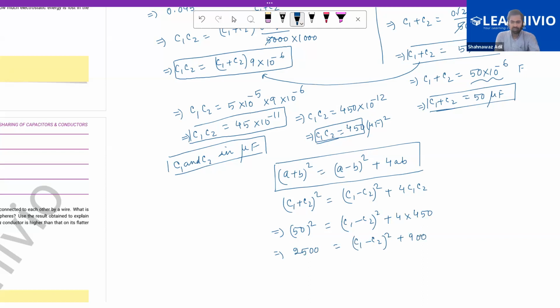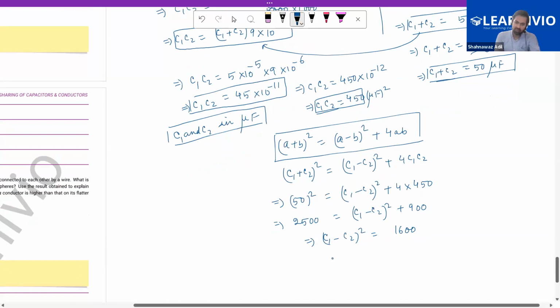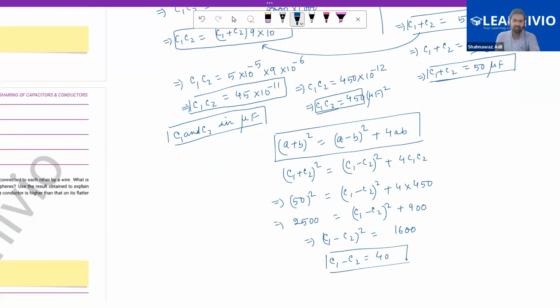Right? So we can write C1 minus C2 square as 1600. So C1 minus C2 is simply 40. Right? And the answer is in microfarad. Clear up to this point?